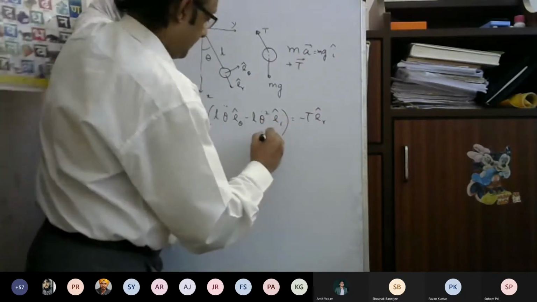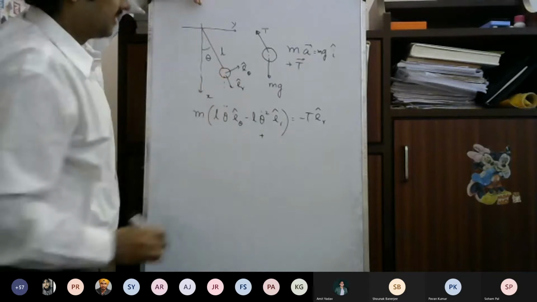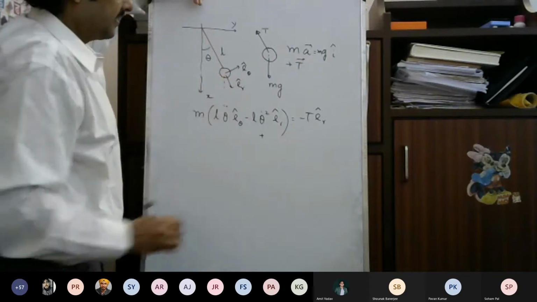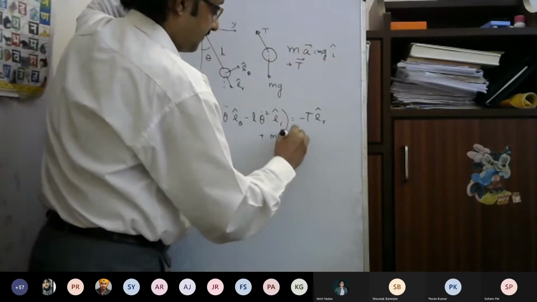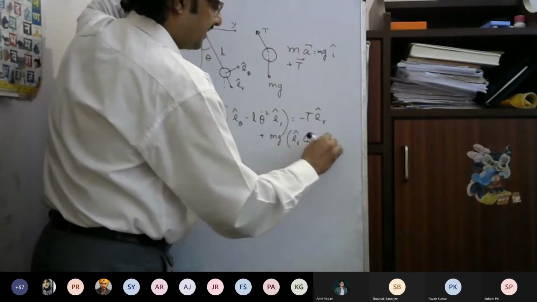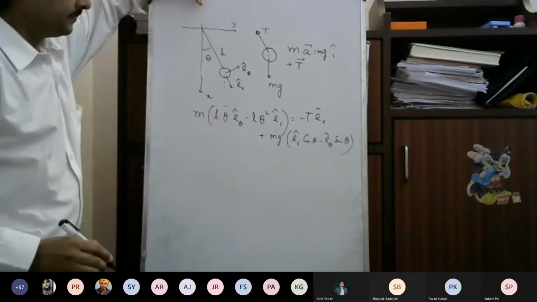And this becomes equal to minus T e r plus mg i. i is nothing but e r cosine theta minus e theta sine theta.